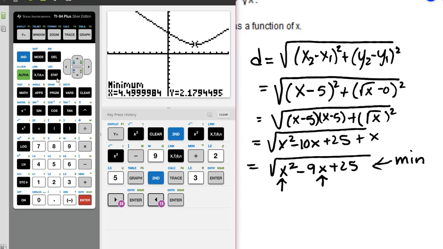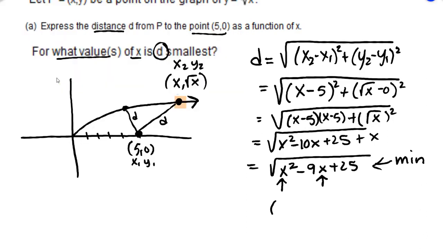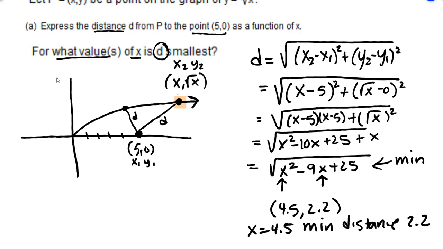And the x that produces that minimum value is 4.9999. So let's round to one decimal place and say that an x of 4.5 will produce a minimum of 2.2. A minimum distance of 2.2.